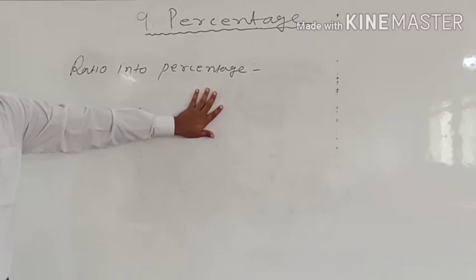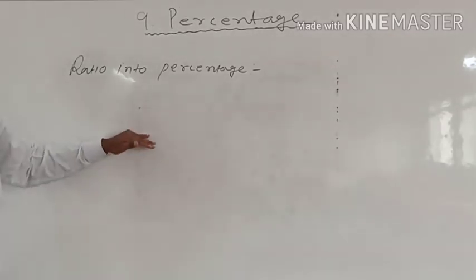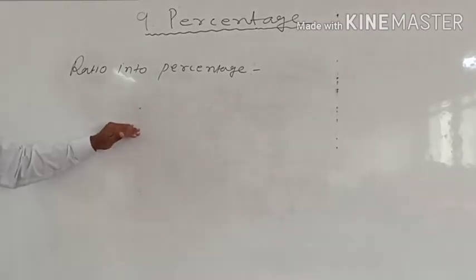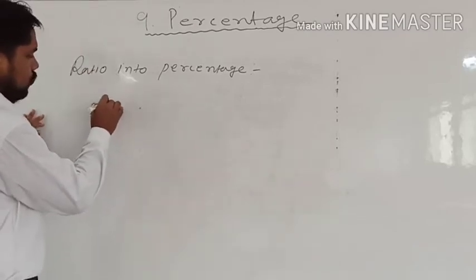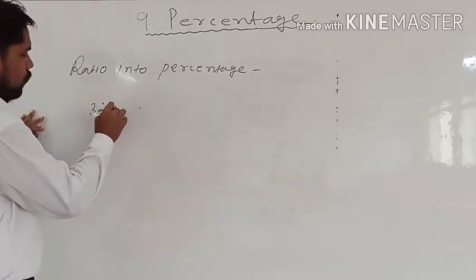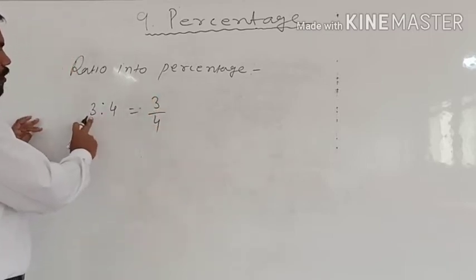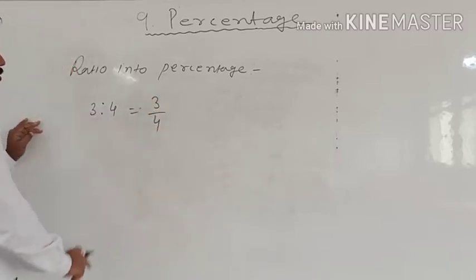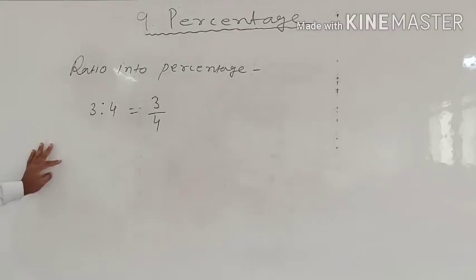So very simply, we know a ratio we can also write in fractions. So for example, if any ratio is given, 3:4, we can write 3/4. So this is the numerator and this is the denominator, or these are the first and second terms of the ratio, and we can write it as 3/4, right?